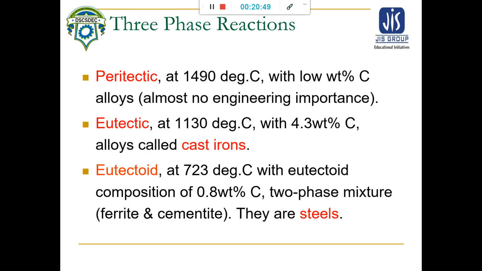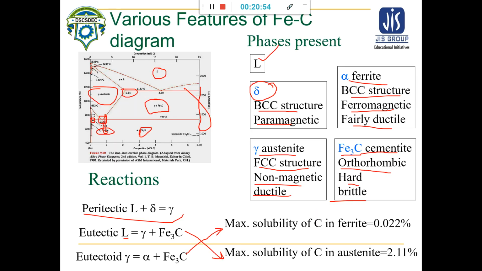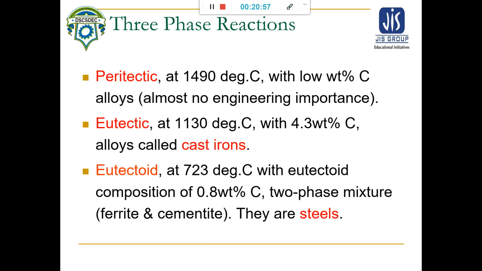Now see, the peritectic reaction occurs at 1490 degrees Celsius with a low weight percentage of carbon. The peritectic reaction has no engineering importance, but in the case of eutectic reaction or eutectic alloys, which can be made at 1130 degrees Celsius with 4.3 weight percentage of carbon, that type of alloy is called cast iron.